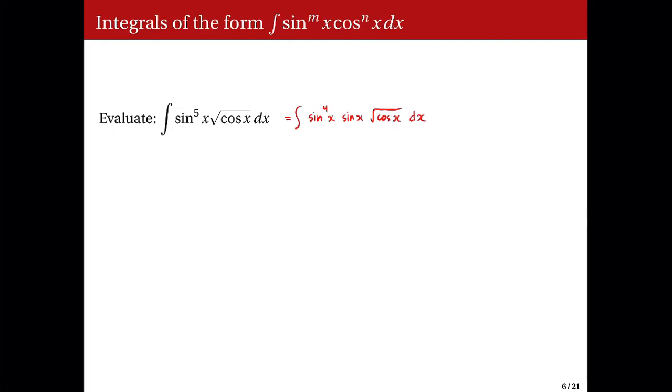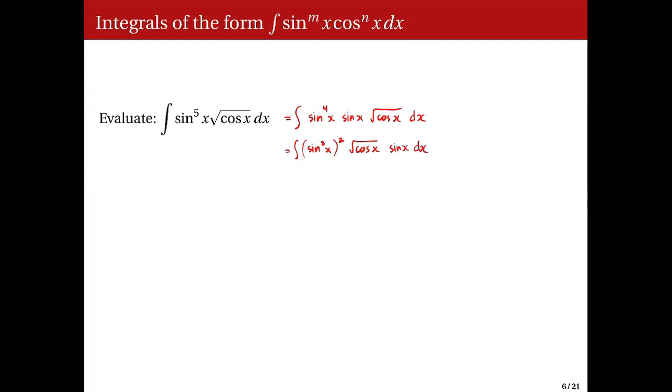And then sine to the fourth x, we will write as sine squared x, squared. And then I'll write next to this square root of cosine x. And then I'll write sine x just before the dx.